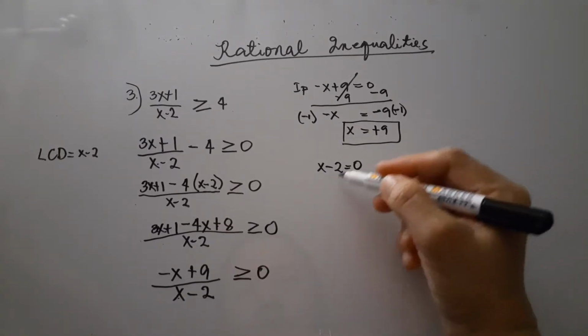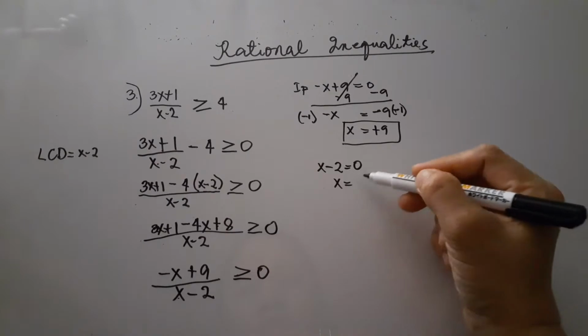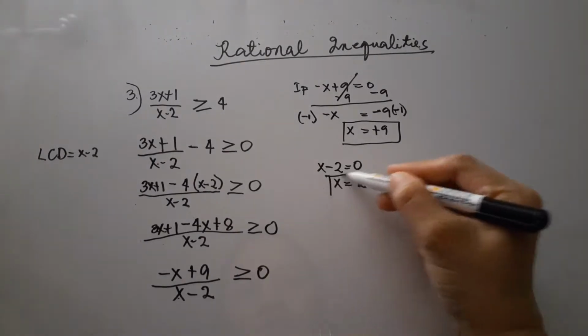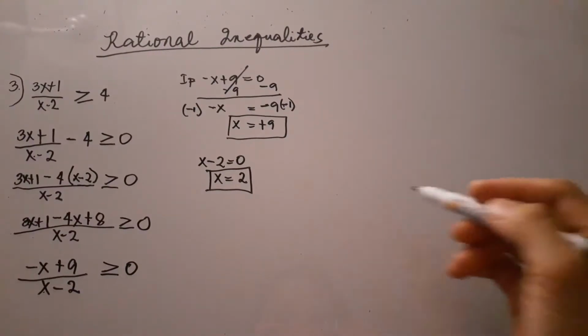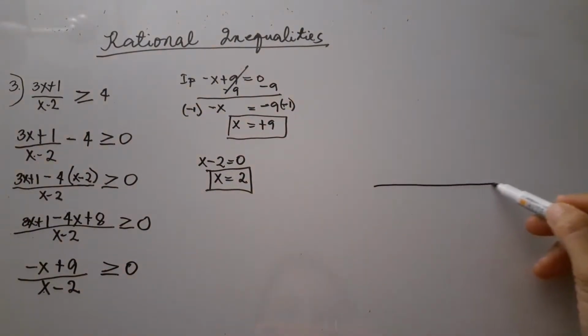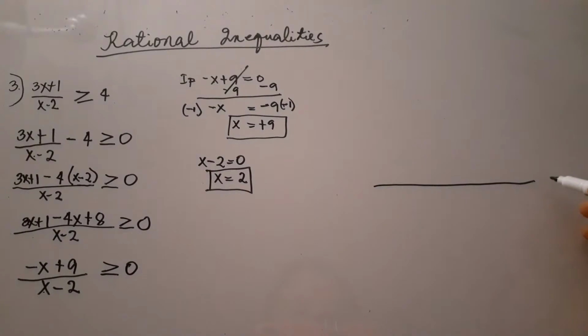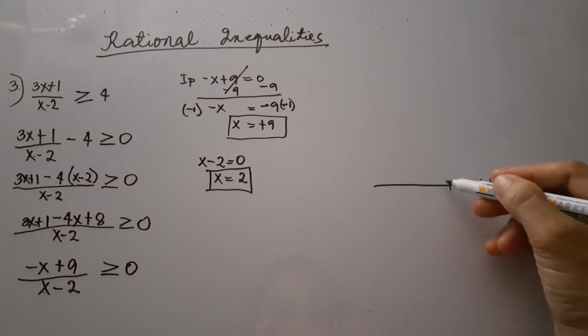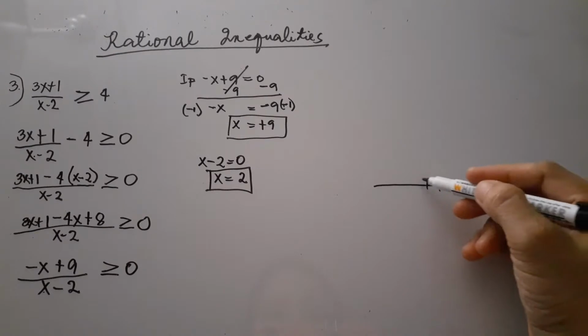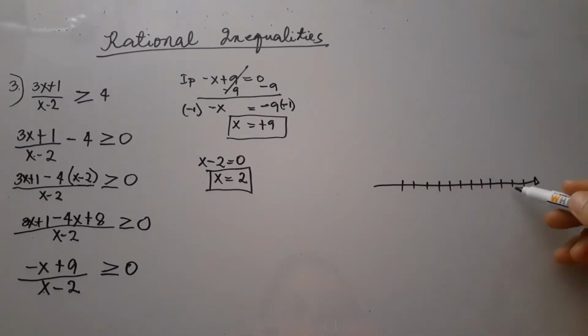And then if x - 2 is equal to 0, then it becomes positive 2. And then we can draw the number line here. On this side, we need to count first to 9, so it is easy for us to locate where the value of x is.